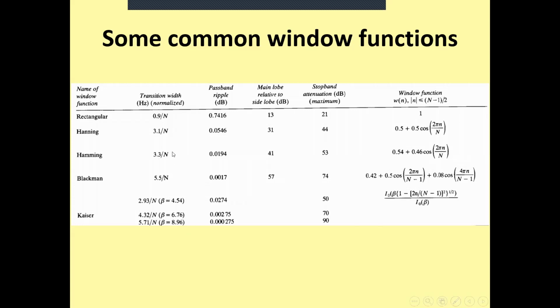N capital represents the number of filter coefficients. Of course, if you have determined the filter coefficients, say, to be 21, 5, 7, 11, 10, 20, 40, now we can directly substitute the value of N capital in this equation.